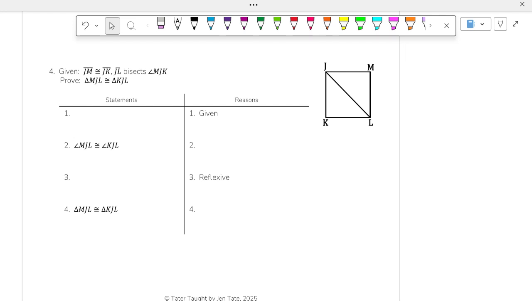And then we do the side of itself, so we do the marks like this. Oh wait, it says that JL bisects JK, so we have a comma JL.